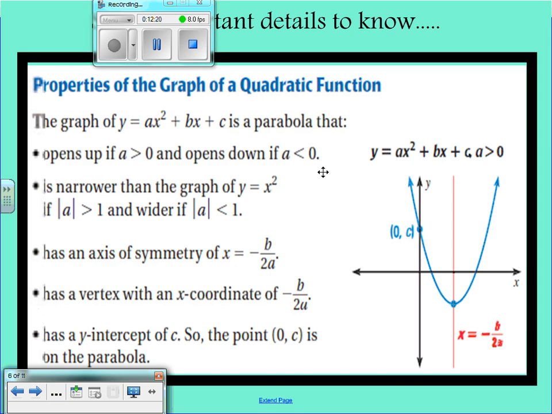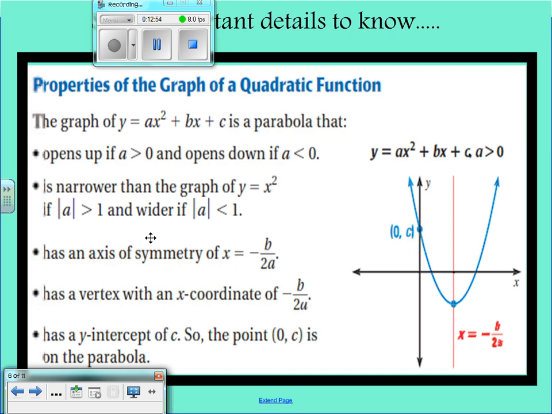And then if you look at the A value as well, if the absolute value of A is greater than 1, it's going to be narrower. If it's less than 1, it's actually going to create a wider parabola. Now, that does make sense. Narrow just means that the number's higher, so the graph is going to reach higher points a lot faster. Where like a less than 1, like a fraction, it will take longer for the graph to continue on.